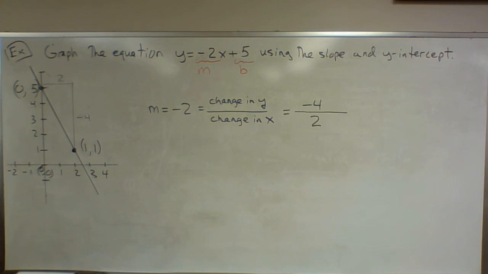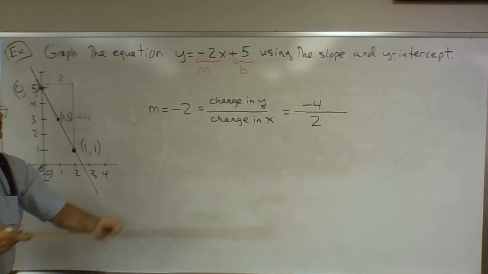Here's our line. And notice something. When x is 1, y is 3, this is the second point that we used the first time we did this. So it gives us the same line that we get if we use a change in x of 2.